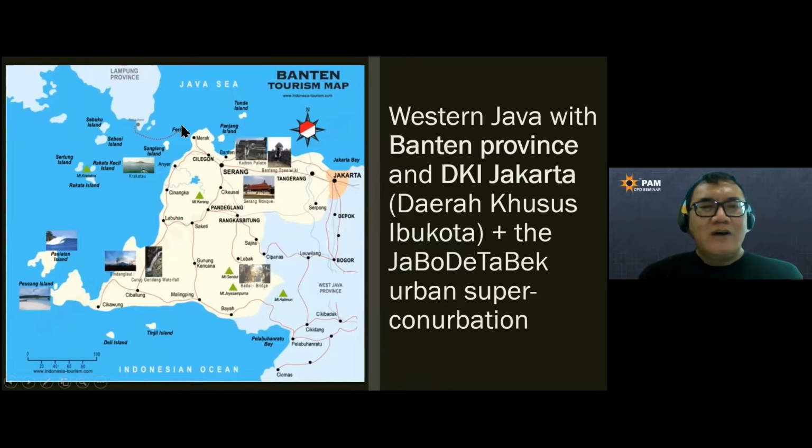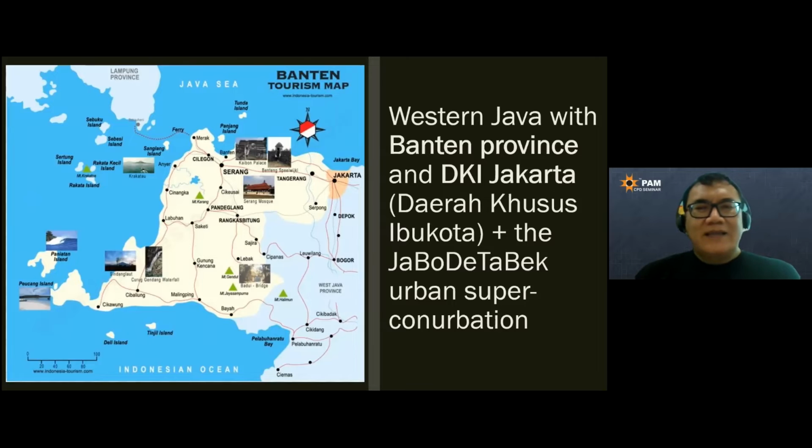And in terms of overall size, at about 9,000 square kilometers, it's slightly bigger than the whole of Selangor and KL put together. So imagine Selangor and KL, everybody knows that, and add about 10%, because Selangor and KL is about 8,300 square kilometers, and Banten is about 9,000 square kilometers.